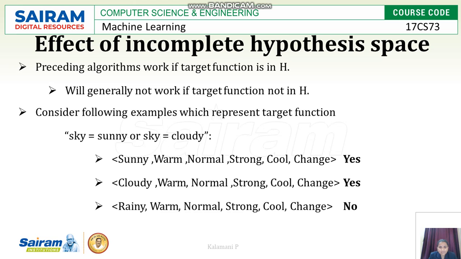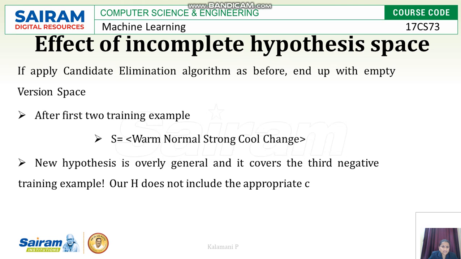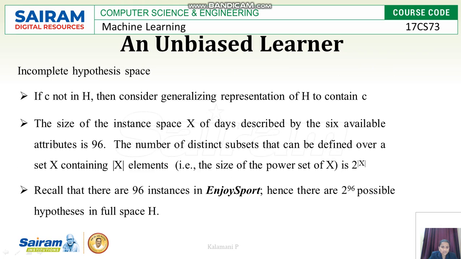But now the negative example is also included, and the remaining attributes have the same values. So there is no way to differentiate positive and negative training examples, as both have the same hypothesis. This is the problem, called inductive bias. After the first two training examples we get this hypothesis, but it is overly general and it covers the third negative training example also.